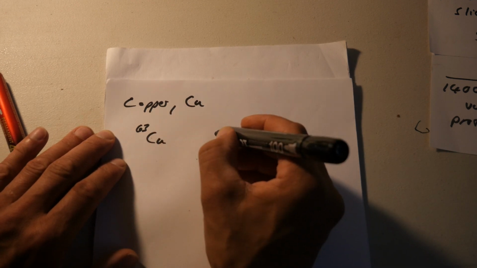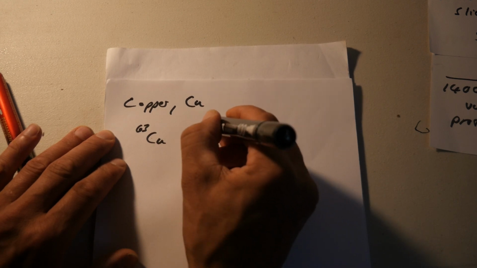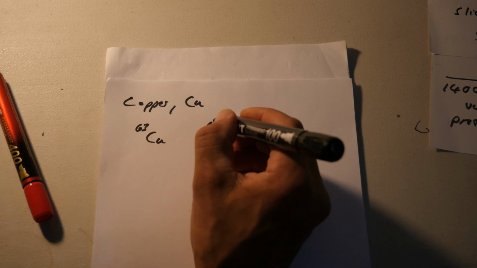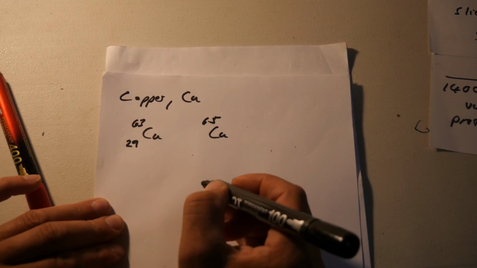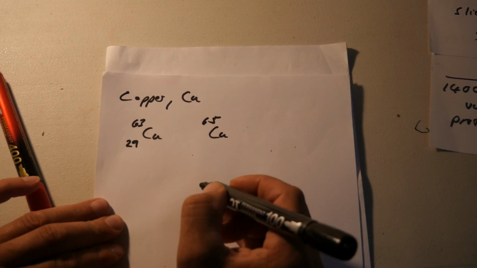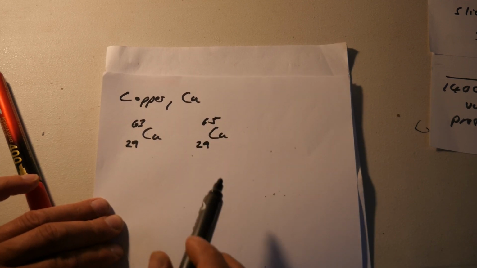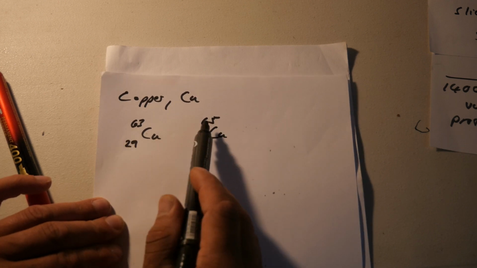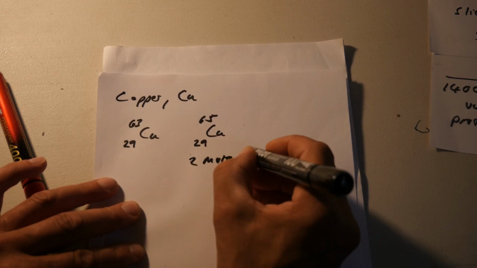And there's also copper with mass 65, okay? This has 29 protons, okay? And this is 29 protons, okay? But this has got 2 more neutrons.